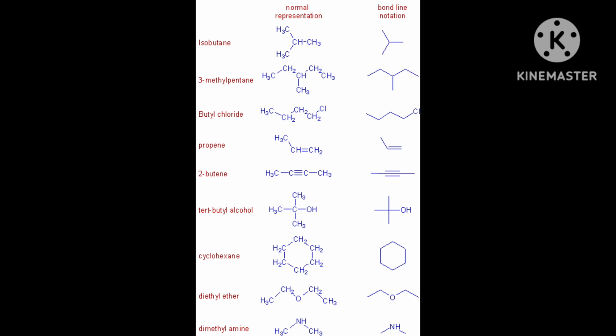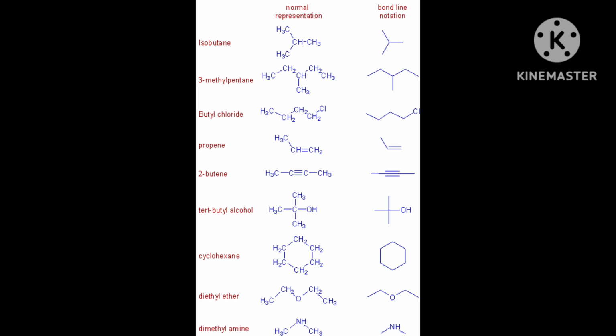Then CH2, because already 2 valencies are engaged with other neighboring carbons, already bonded, and 2 valencies are remaining. Then CH2 has come. Then this is actually what you have written, butane.